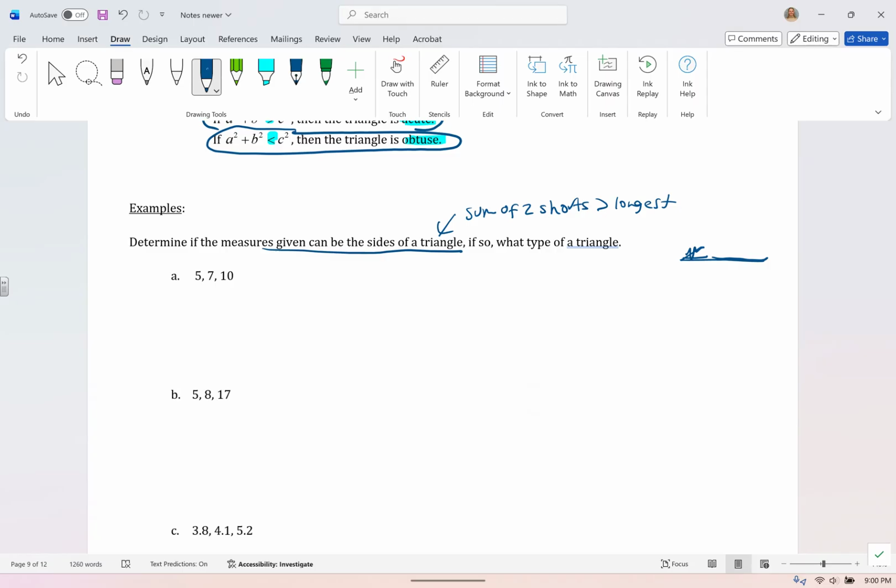So if you did 5 plus 7, it is bigger than 10. Okay, so yes, it's a triangle. And then the question is, what kind of a triangle is it? So is 5 squared plus 7 squared, and then we do 10 squared. We always do the longest side on the right, okay? I'm going to say, is it equal? Is it less? Is it greater than?